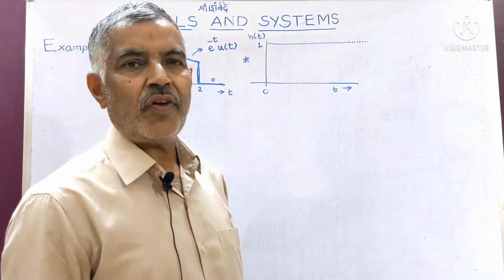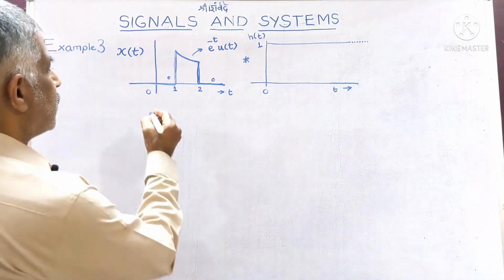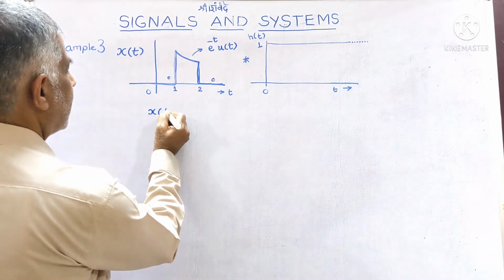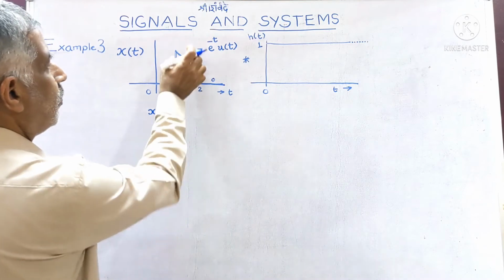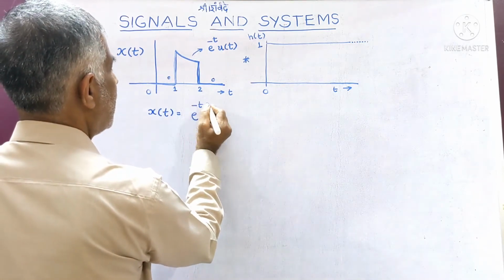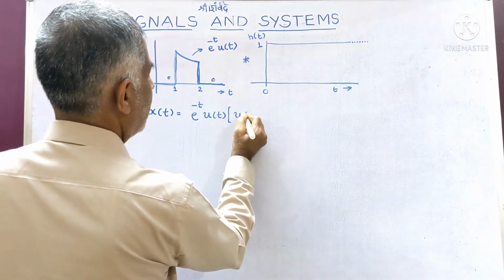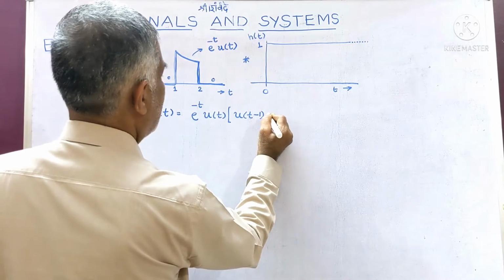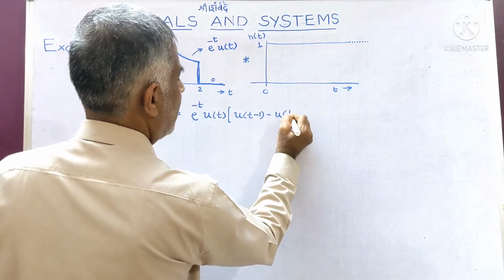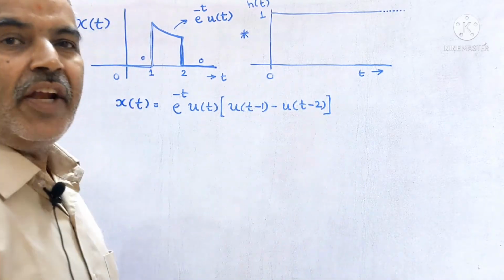Using the gate function, one can write this equation. x(t) is written as, since only between 1 and 2 the function exists, x(t) is e power minus t u(t) into u(t minus 1) minus u(t minus 2). This is what is called the gate function.